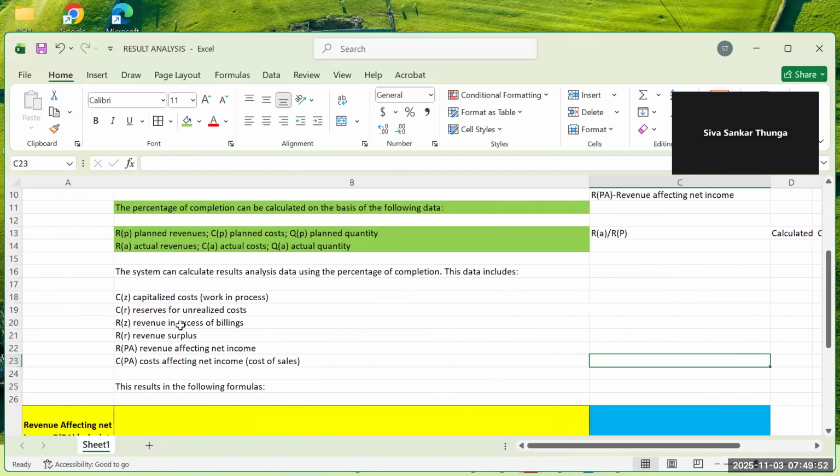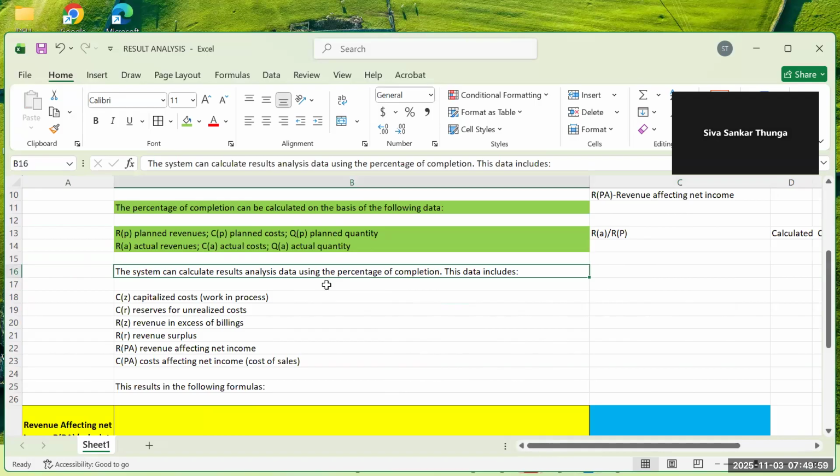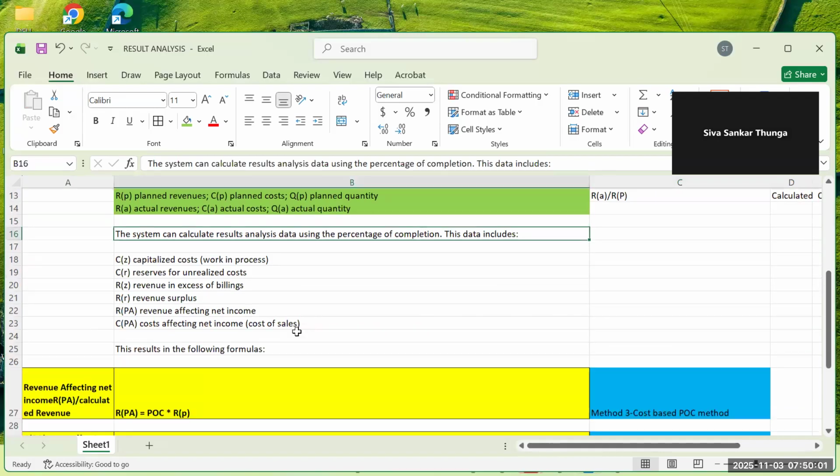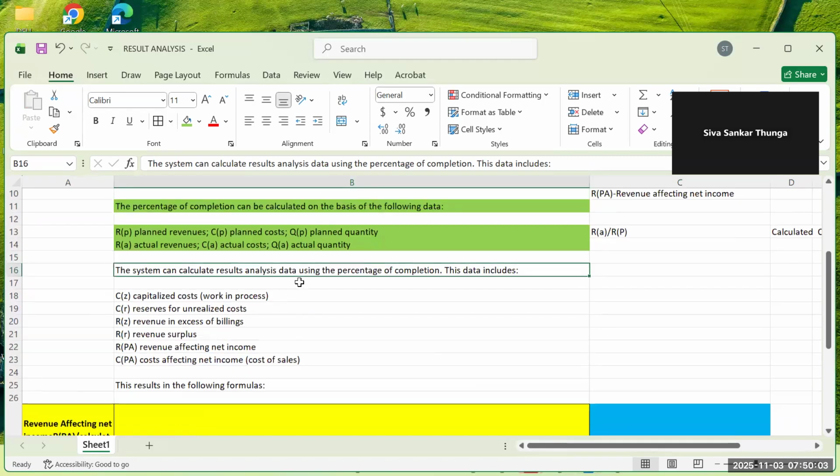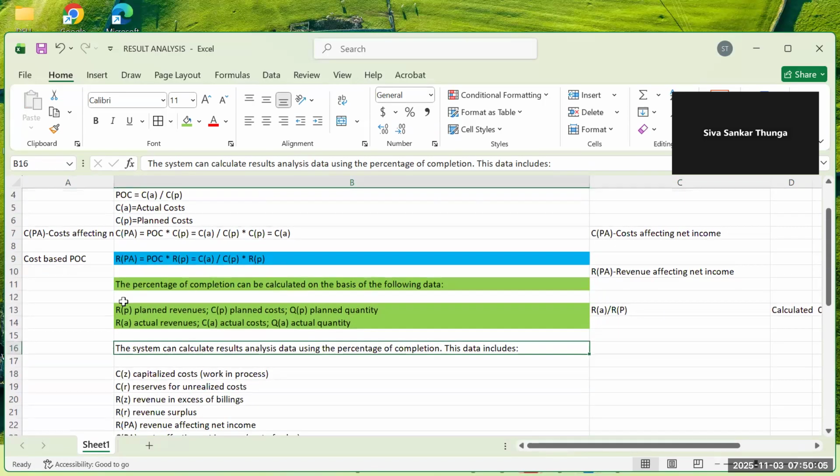Now the same thing is explained here. The system can calculate results analysis data using the percentage of completion.